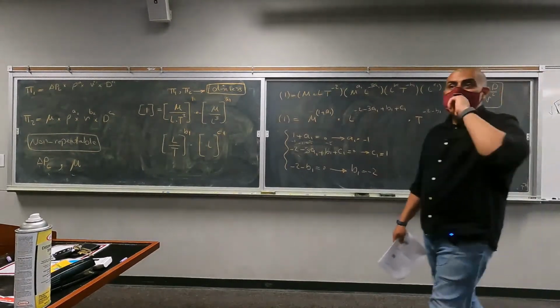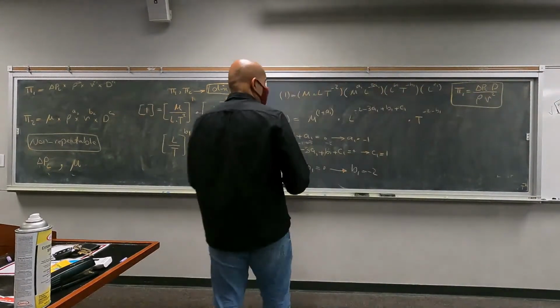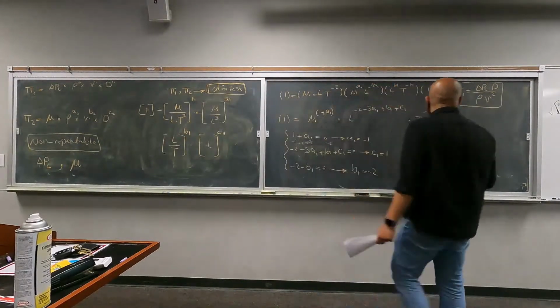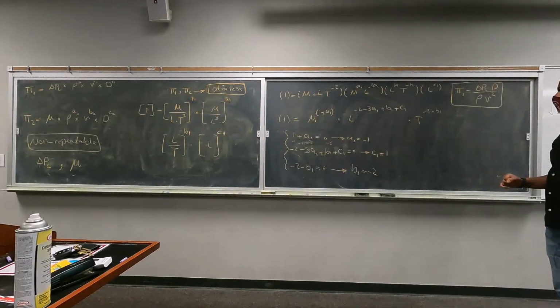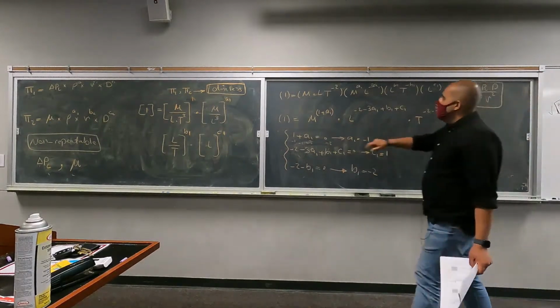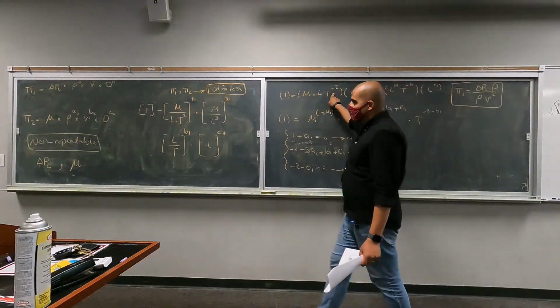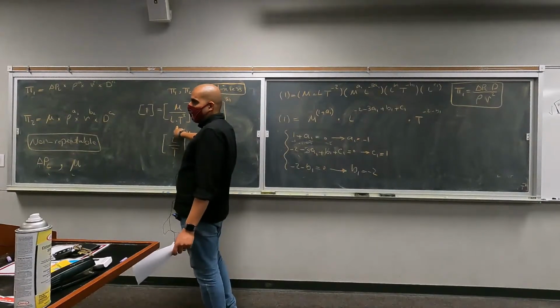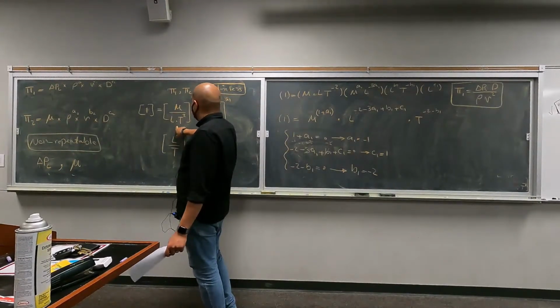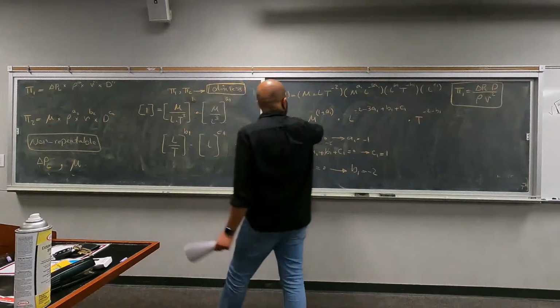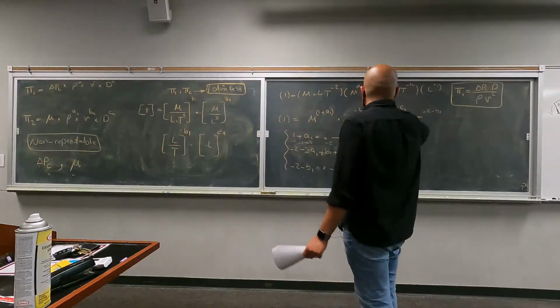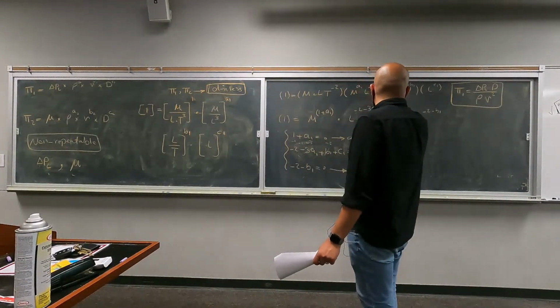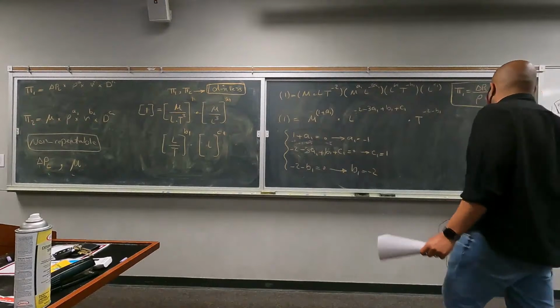Yes, hi. Where did the negative 2 on the L come from? The negative 2 by itself. That's right here. MLT, that's in your delta P, right? Just one of them. Oh, did I make a mistake here? I don't know. I have to calculate this again.